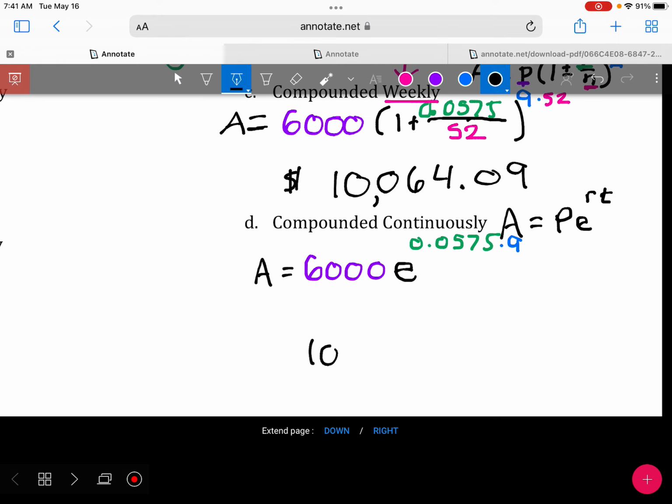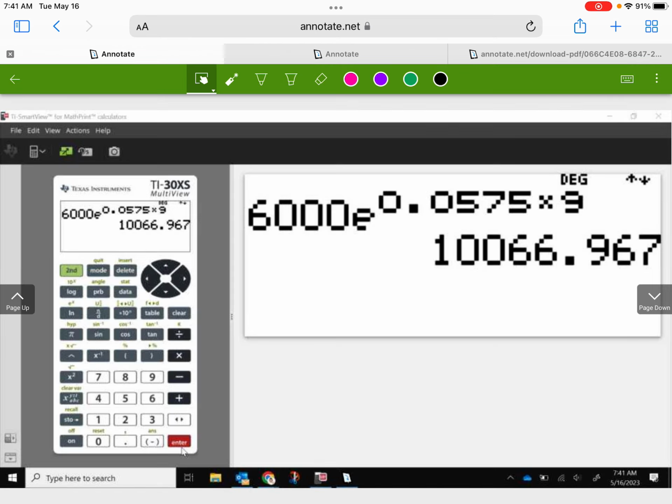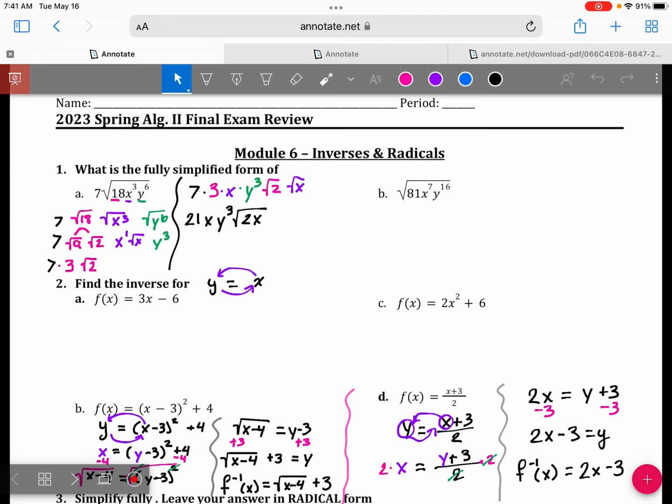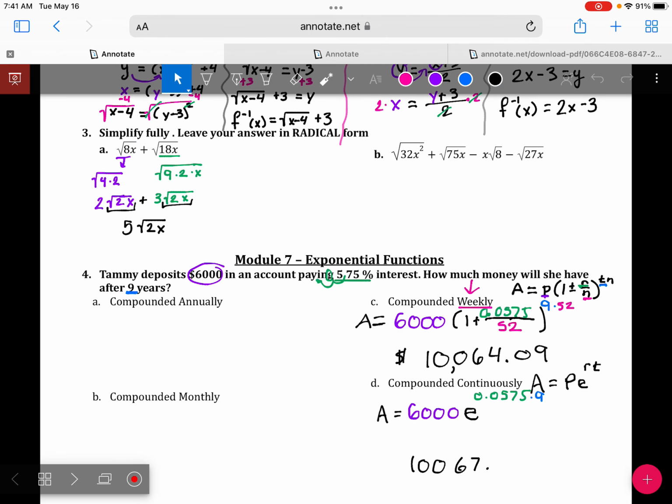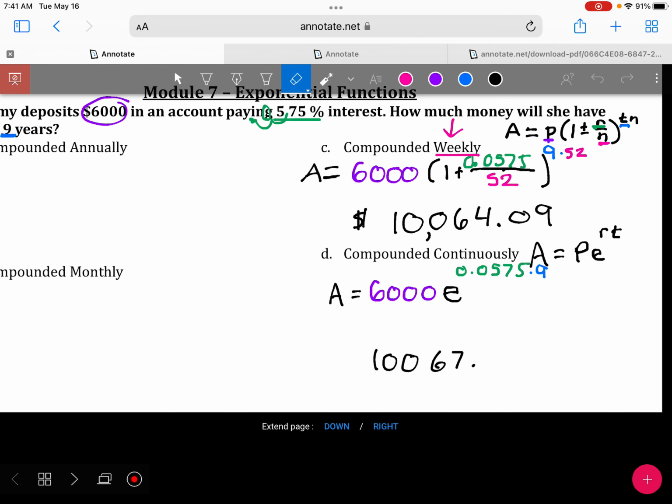So we have $10,067.67. This one helps to have a calculator next to your screen or to your paper, not under your paper. When you're doing one of these problems where it has these 4 sections where you're compounding differently, it should only change by a few dollars.